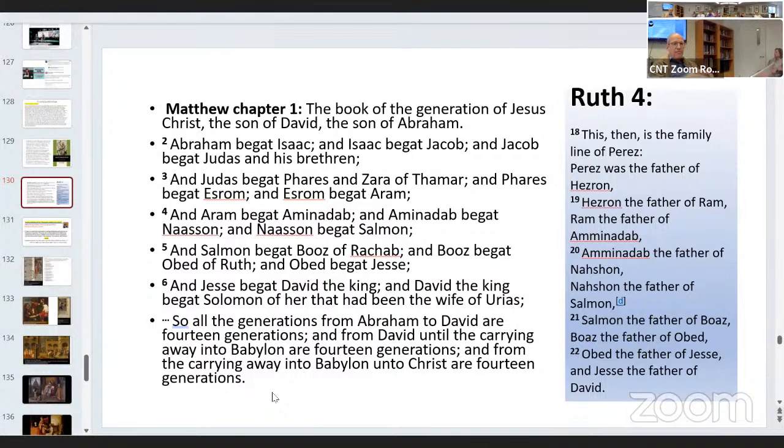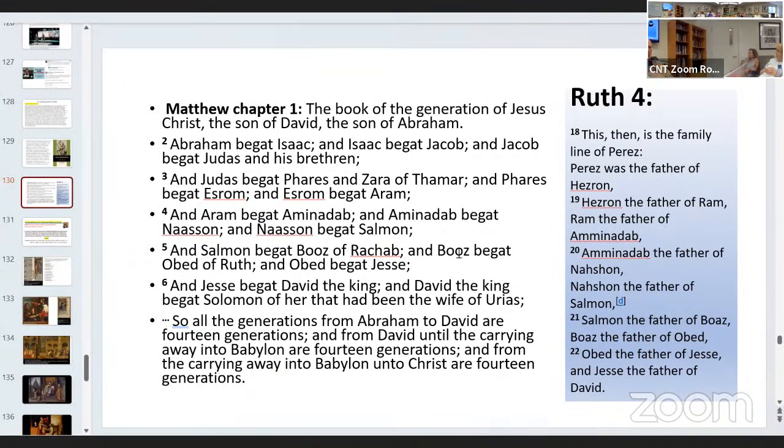And I just brought here from the book of Ruth, from our Bible, the lineage of Perez. Perez was the father of Hezron, and okay, that's Esrom here. Hezron is the father of Ram, which is Aram.